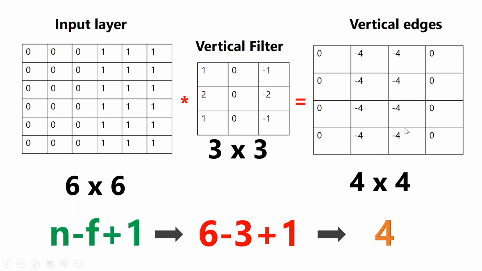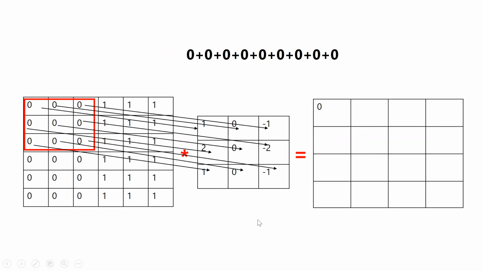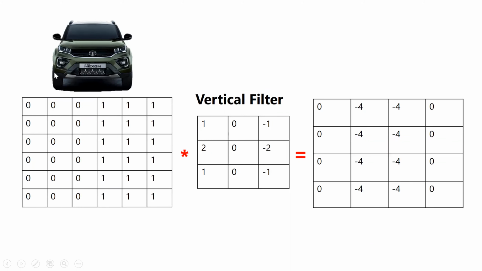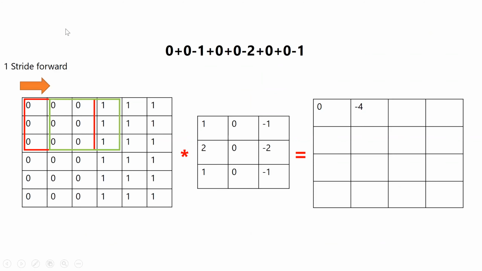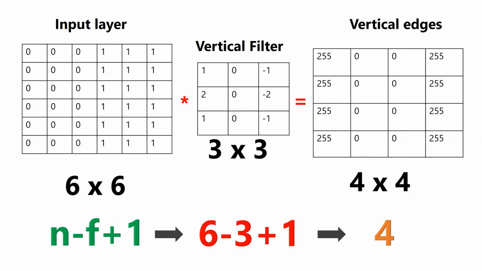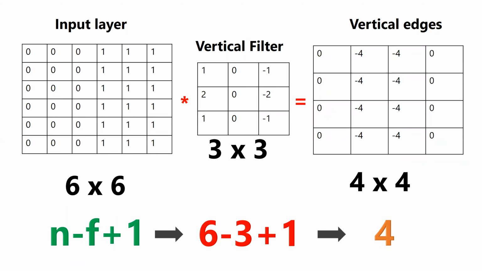So once we get the vertical edges, how will we identify where our vertical edges are, for example, where our car image is, where exactly it exists? For this, we will be applying something known as min max scaler. Min max scaler is nothing but, what is the range of our colored and black and white images.